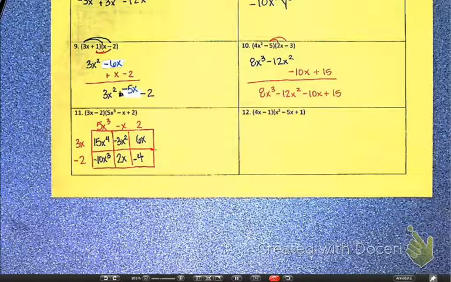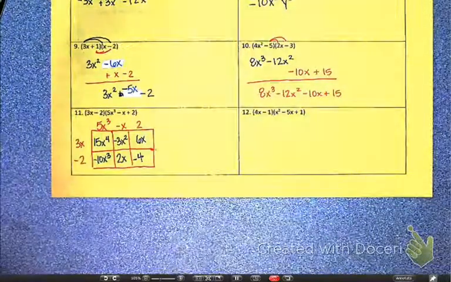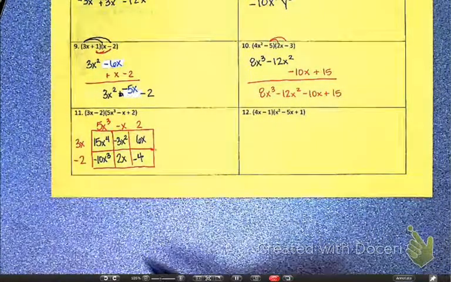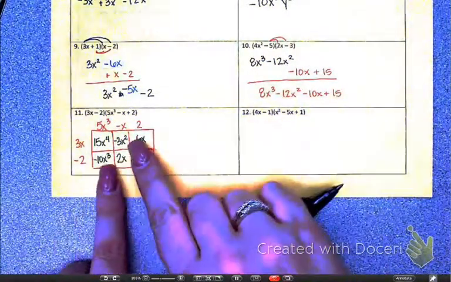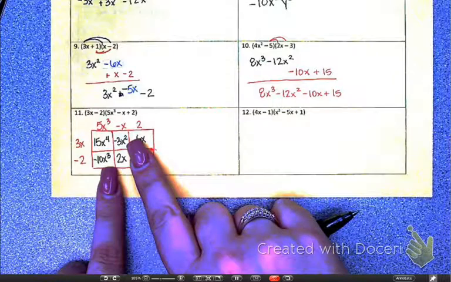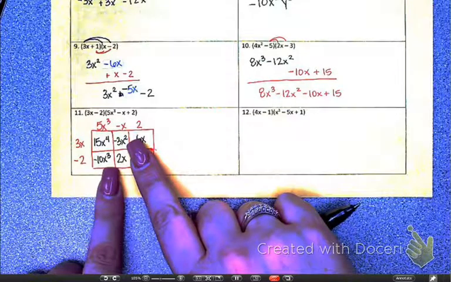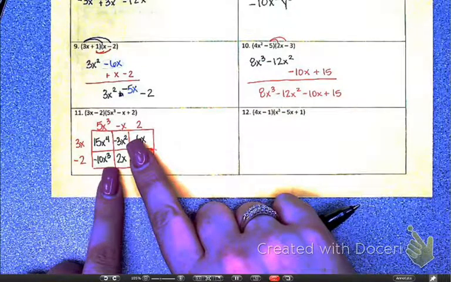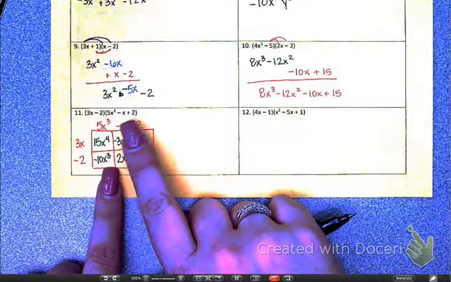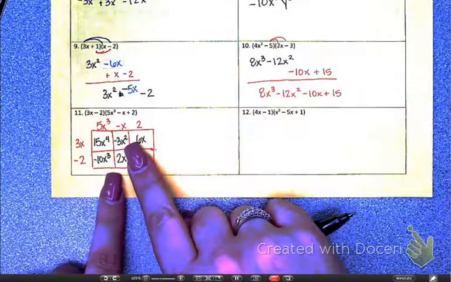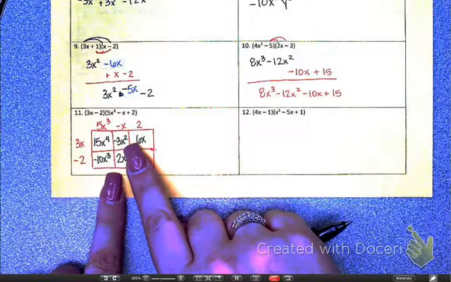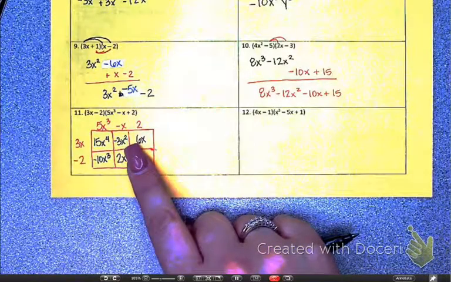Again, the nice thing about the box is your diagonals are going to be your like terms. So let's look at this for instance. Are those like terms? No. Now, that may be okay, but let's go back and check, right? Because sometimes you're like, oh, well, I know that's supposed to be a 3 or that should be a 2. Maybe you're okay. They may not be like terms. I said at the very beginning, if they're like terms, they'll be in the diagonal.